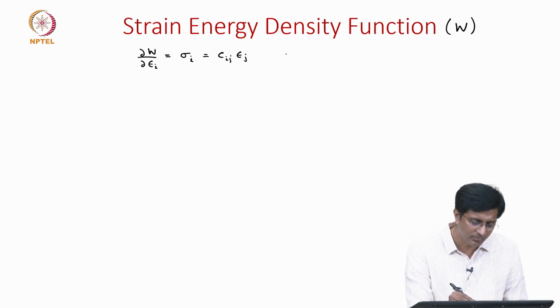So by integrating this, one should be able to show that the strain energy density function is half of C_ij epsilon I epsilon j.